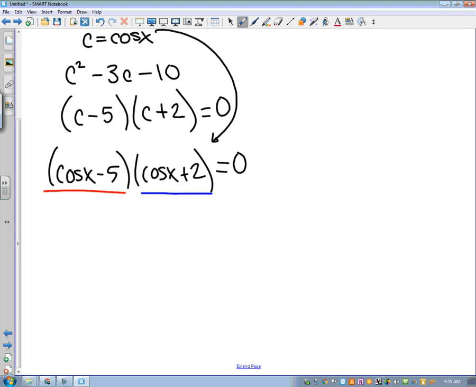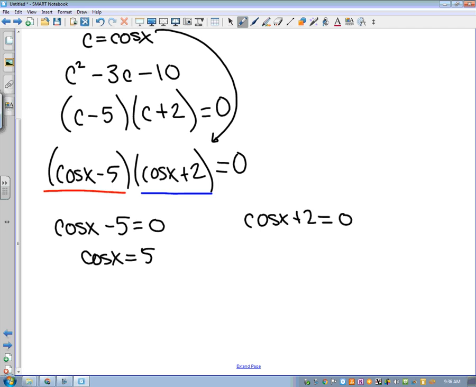So what we get is two of what I like to call solution trees. We have cos x − 5 = 0, which is cos x = 5. This has no solution, and we'll talk about that in a few minutes here. cos x + 2 could be equal to 0, which leaves me with cos x = −2. And again, probably a bad example. I'm more focused on the factoring itself, but neither of those two have solutions.